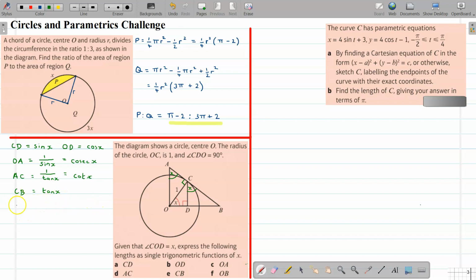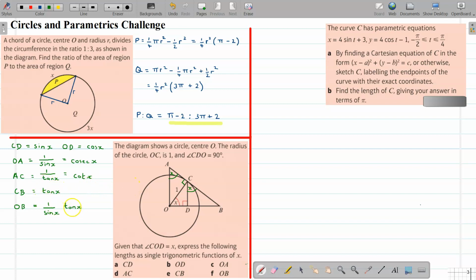So what I need to do is say that OB is going to be OB over 1 over sine x is tan x. So OB is therefore going to be 1 over sine x times tan x. Now tan x is the same as sine x over cos x.